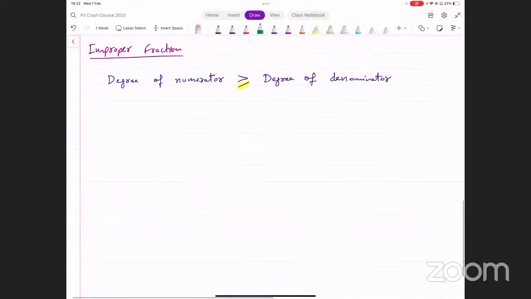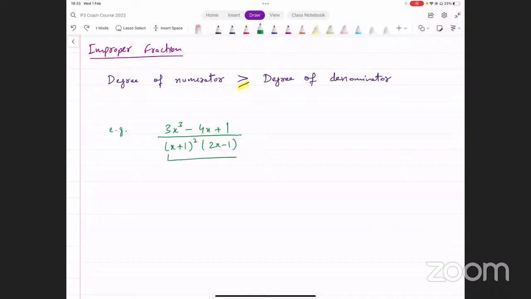For instance, you could have something like this. You could have a fraction that is 3x squared, or let's say 3x cubed, minus 4x plus 1, and in the denominator you've got (x plus 1) whole squared into (2x minus 1). Now think about this. What's the degree of this polynomial? The highest power of the numerator is 3. What about the denominator?